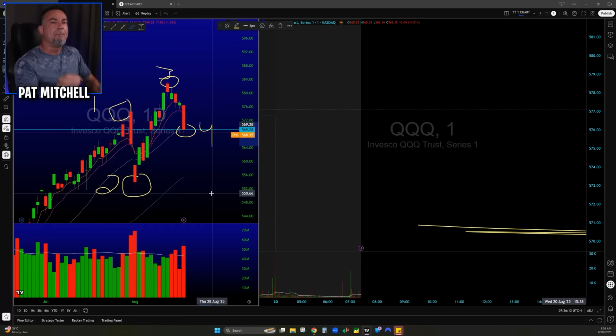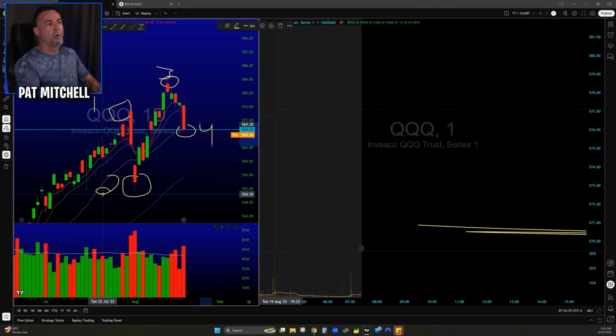Where would your best odds of success be for taking an inverse head and shoulders? Remember, an inverse head and shoulders, and I'll draw it out here in a second, is a bullish or strong signal. Well, you would want to be looking for that chart setup in and around 2 and 4, not 1 and 3, right?